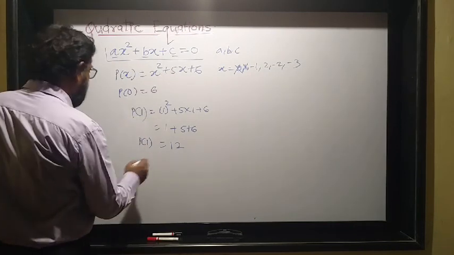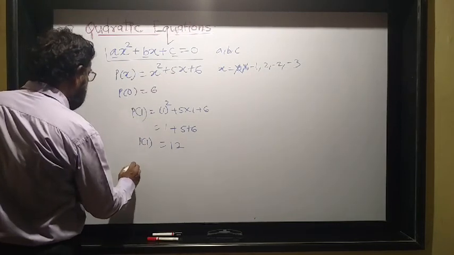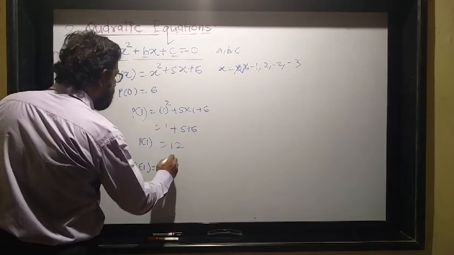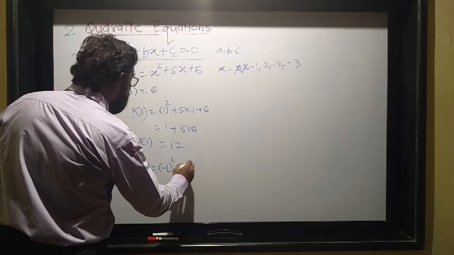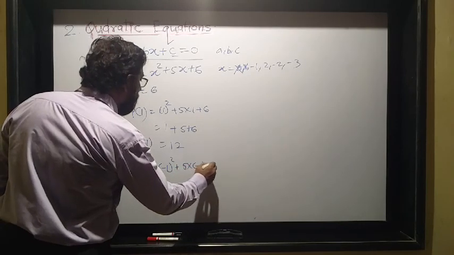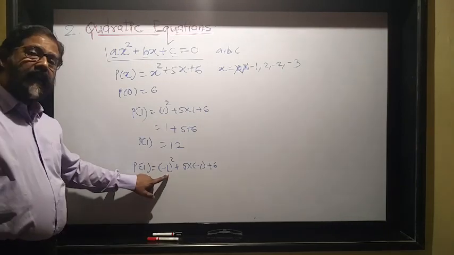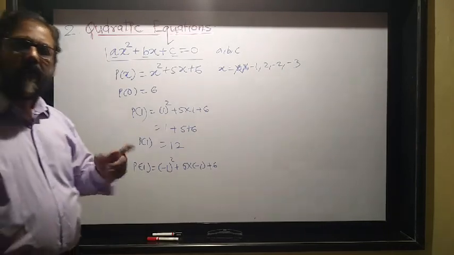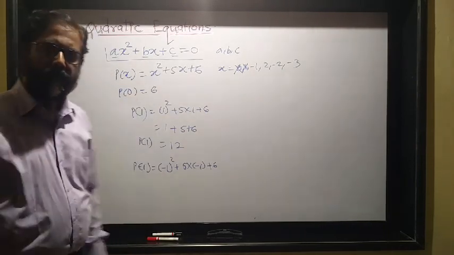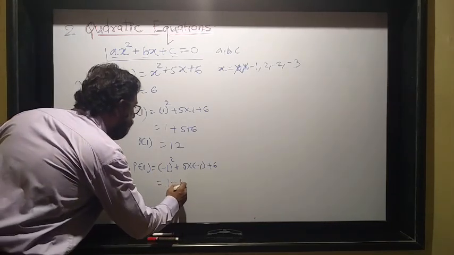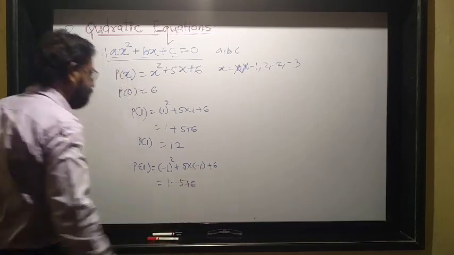Then we consider minus 1. So p(minus 1) is equal to minus 1 square plus 5 multiplied by minus 1 plus 6. You will find that for every negative number the square will be positive. So here it is 1 minus 5 plus 6.